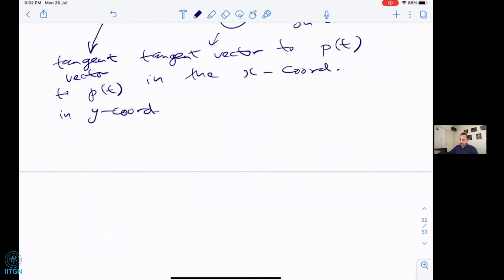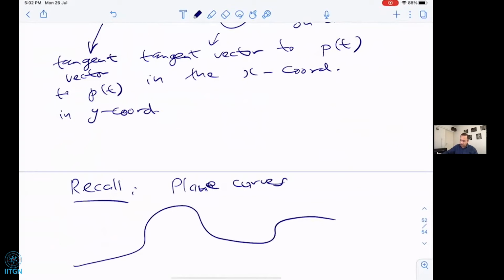Let's first recall a few things about what we learned about curves in the plane. So plane curves, at least I don't know about you, I learned them in high school. So the idea was that you have some curve like that, and it's given by a function x of t and y of t. Sorry, y will be confusing in this context.